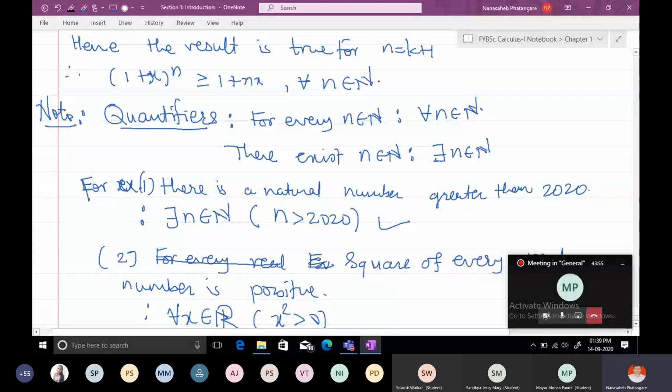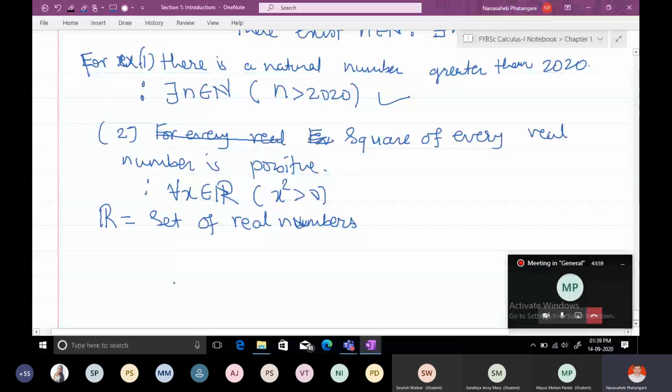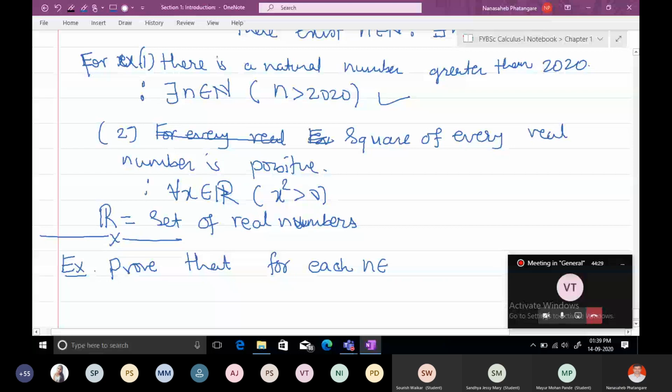Now let us go to the next problem. Prove that for each n in N, n cube plus 3n is divisible by 3.